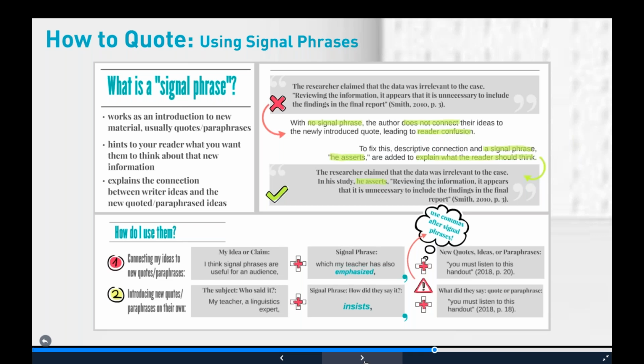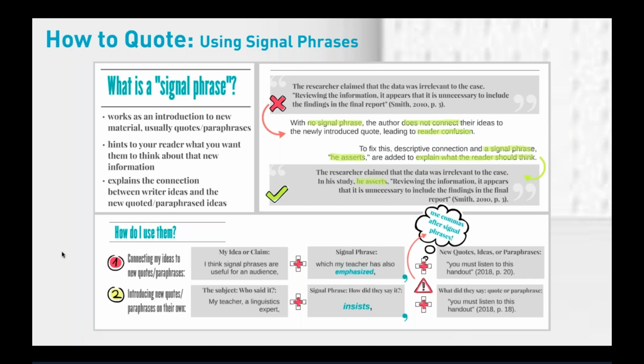This is actually tied in to active versus passive voice. Using signal phrases is a great way of being sure that we are using active voice. So here we have a little template for doing that. If you're trying to connect ideas to other ideas, you can use things like embedded phrases, which my teacher also has emphasized.